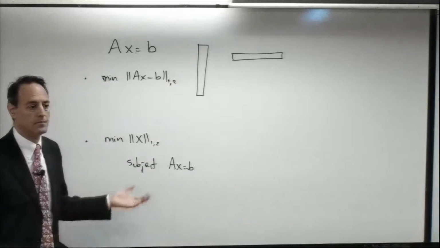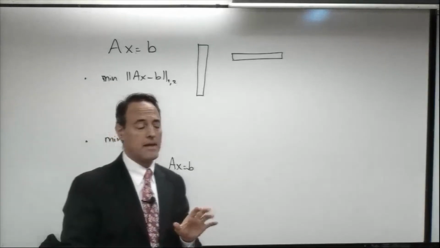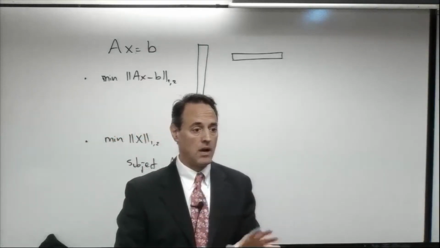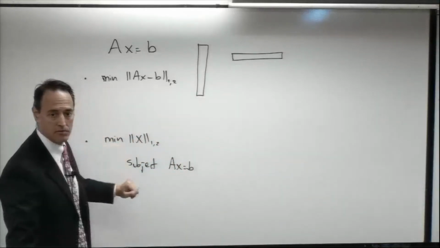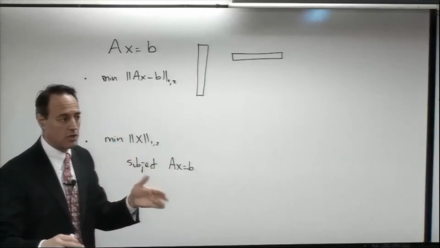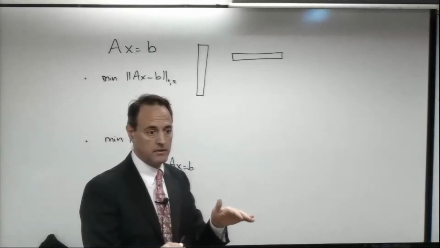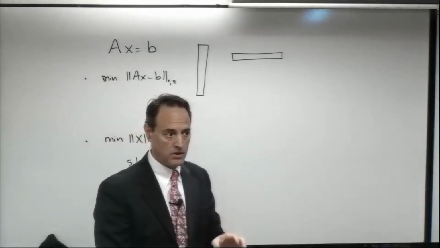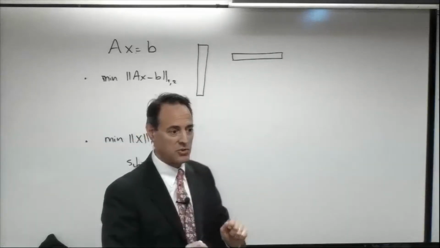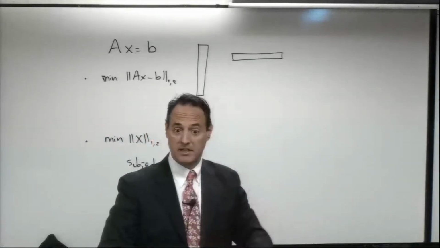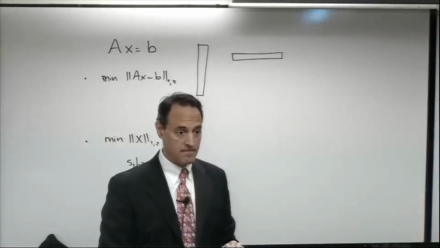All right? So one way to think about this is just optimization. I've written it this way, right? Minimize this or minimize that subject to. All of machine learning is an optimization. All of it. And there are so many different ways to do machine learning because we just pick different things to optimize. Okay?